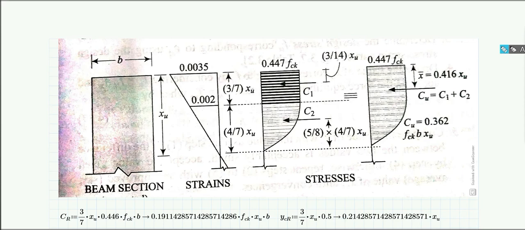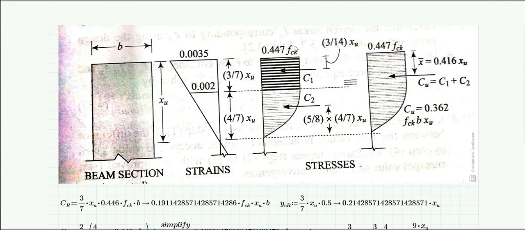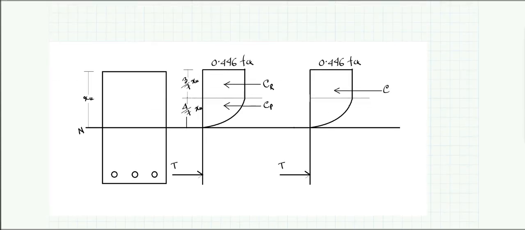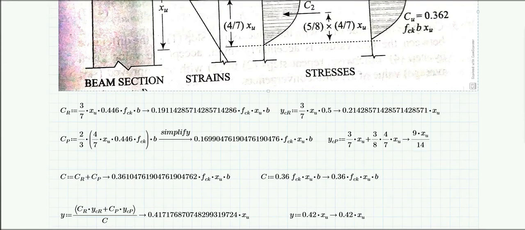We already know that the area of a stress distribution diagram gives you the force. So to find C1, we take the area of this rectangle, and to find C2, the area of the parabola. That is what we want to find out. So what will be the area of the rectangle?